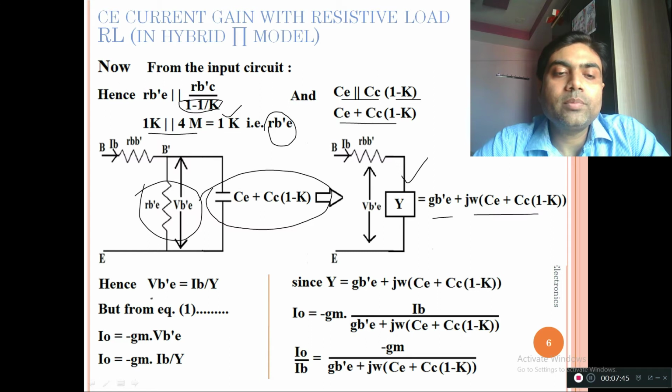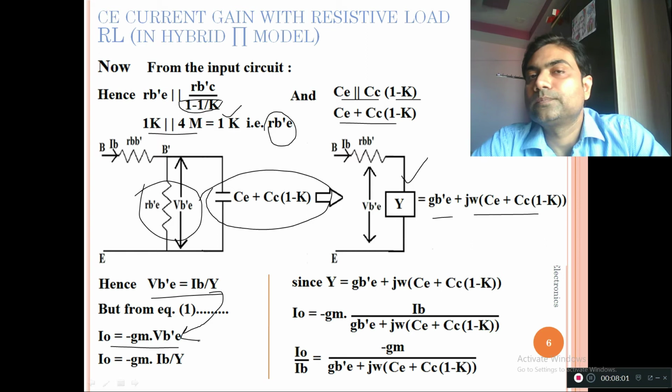Again VB dash E is nothing but IB upon Y, because this is the admittance value, and from equation 1 we have already calculated I naught as minus GM into VB dash E, and we know this VB dash E value from here, so we are replacing the value from here to here.